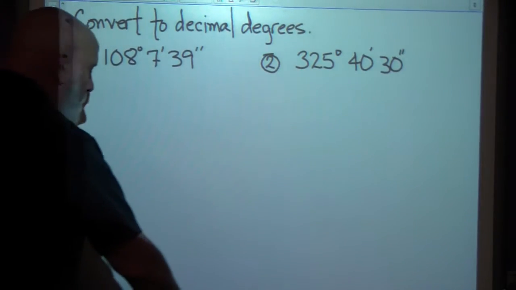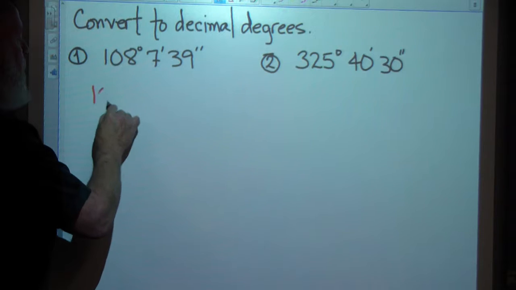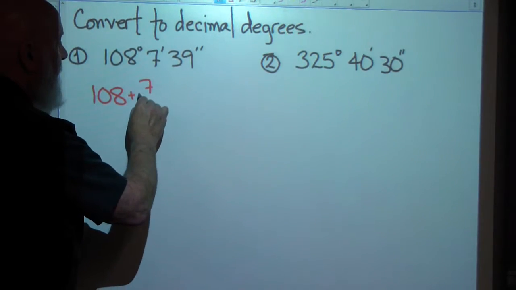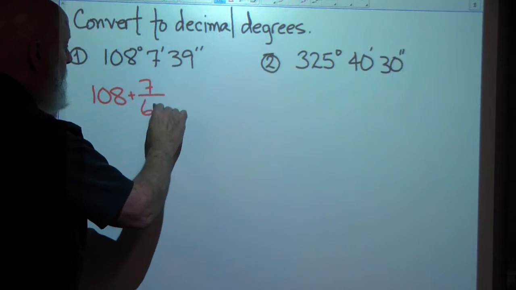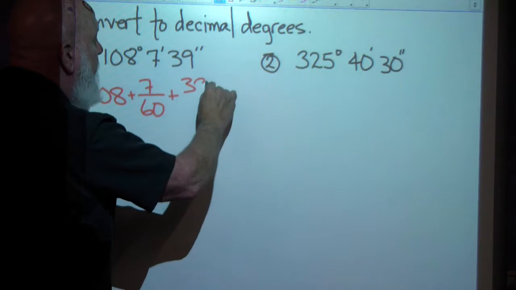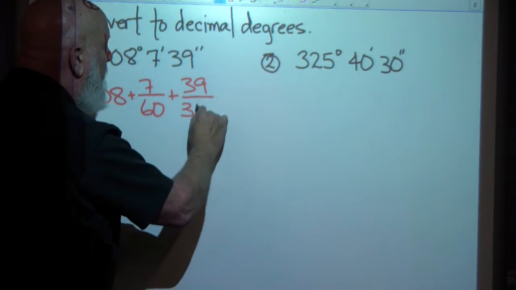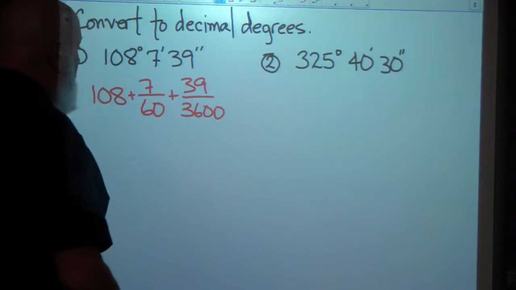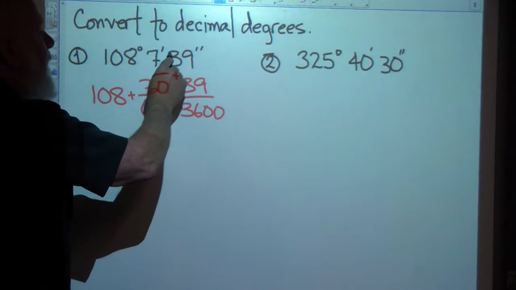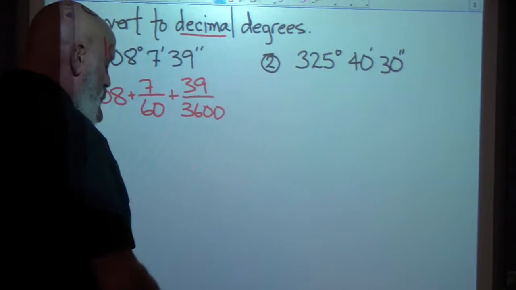With our calculator, 108 plus, we're going to divide the minutes by 60, plus we're going to divide the seconds by 3,600, and hit equals, and that'll convert our degrees, minutes, and seconds into a decimal.